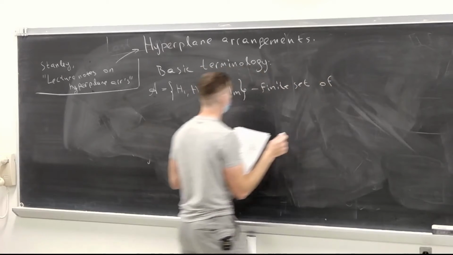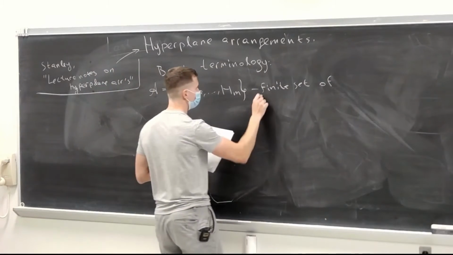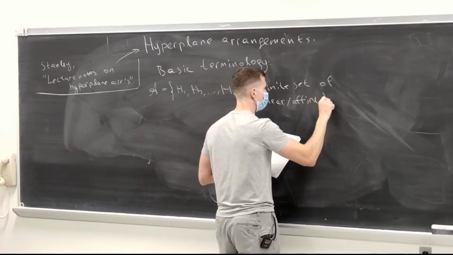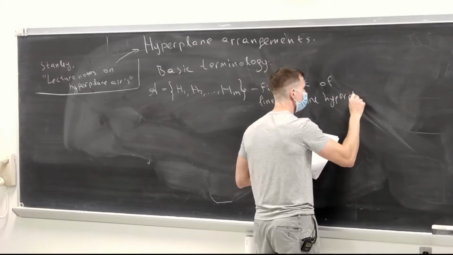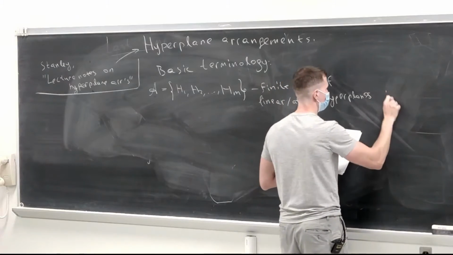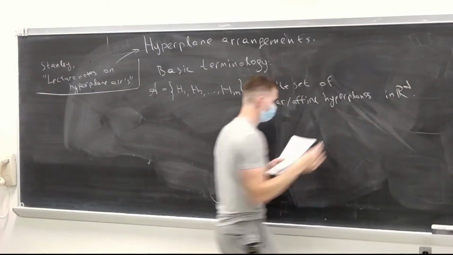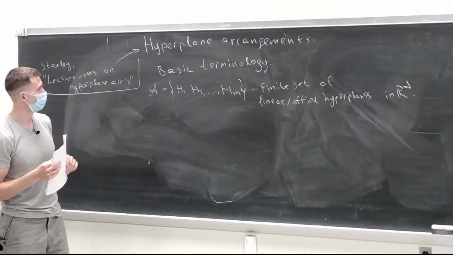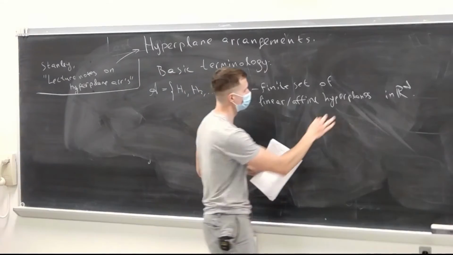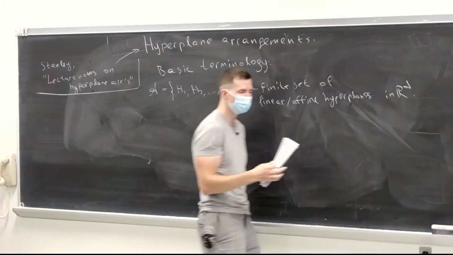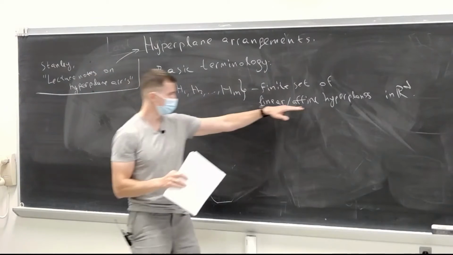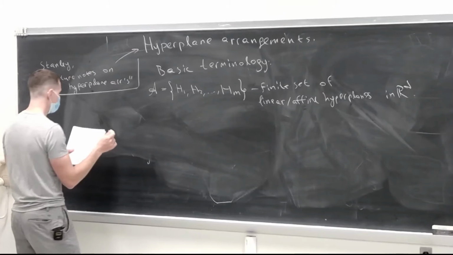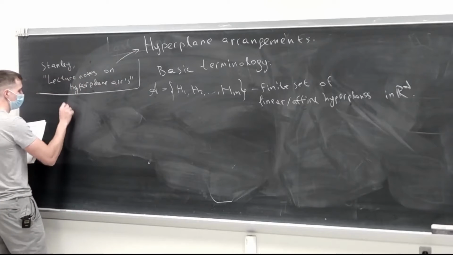And the hyperplanes are allowed to be linear or affine hyperplanes in some R^d. So these are d-1 dimensional planes inside R^d. And affine means it can be shifted, so they don't all have to pass through the origin. But if they do pass through some point, then A is called central.